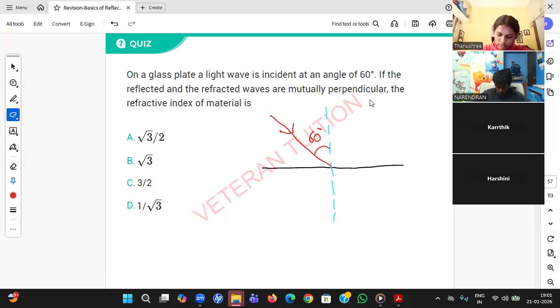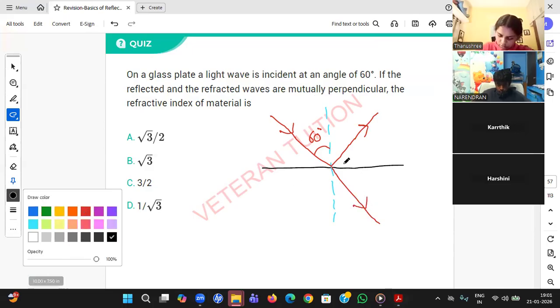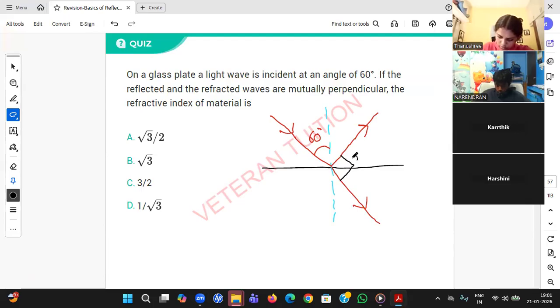The reflected and refracted waves, two waves I'm speaking about. That means there is some reflection, there is some refraction, and they both are mutually perpendicular. What does that mean? They are at an angle of 90 degrees. The refractive index of the material, so this is mu1, this is mu2. He is asking mu2 by mu1, how much is it?